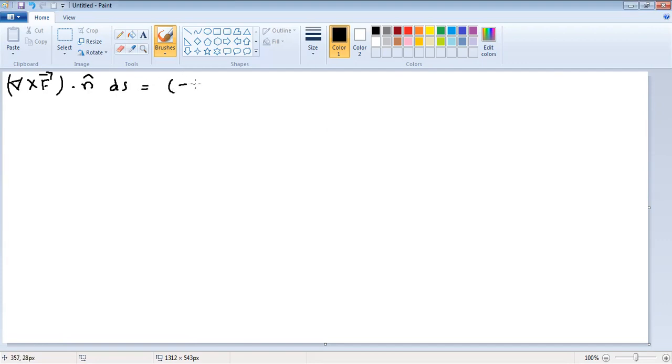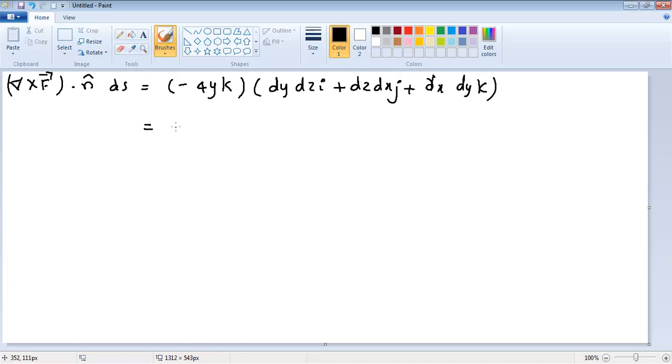So del cross F we found as minus 4y k, and n cap ds is the summation of dy dz i plus dz dx j plus dx dy k. So this is equal to minus 4y dx dy.